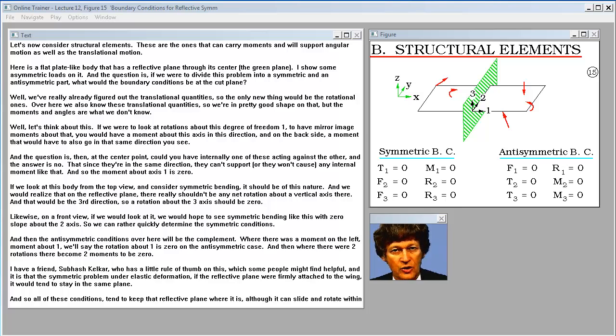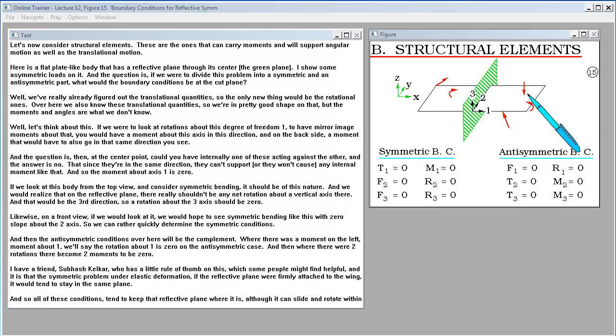Let's now consider structural elements. These are the ones that can carry moments and will support angular motion as well as the translational motion. Here is a flat plate-like body that has a reflective plane through its center, the green plane.